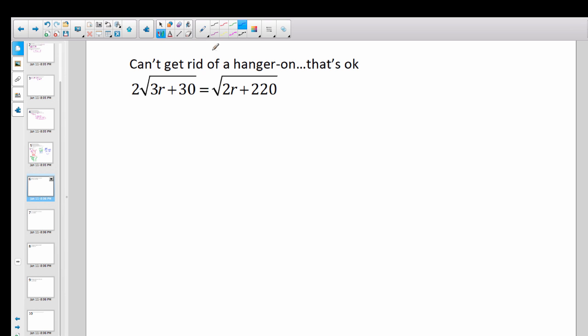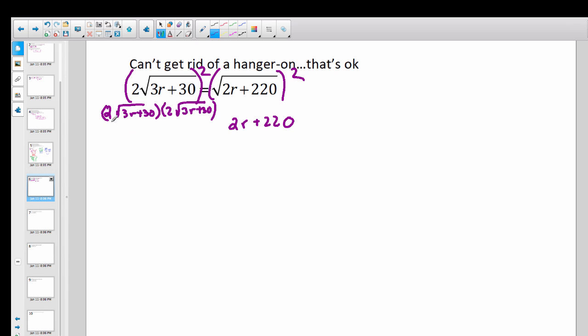For example, when we solve this, I'm going to say square both sides. So if I square this side of the equation and this side of the equation, starting with the right, that's the easiest, I've got 2r plus 220. If you square the left, remember that's like multiplying this twice, right? We would multiply outsides to outsides, which would give us 4.